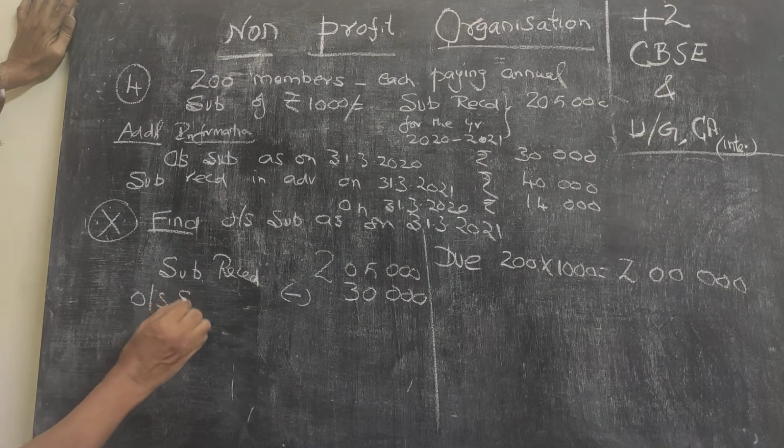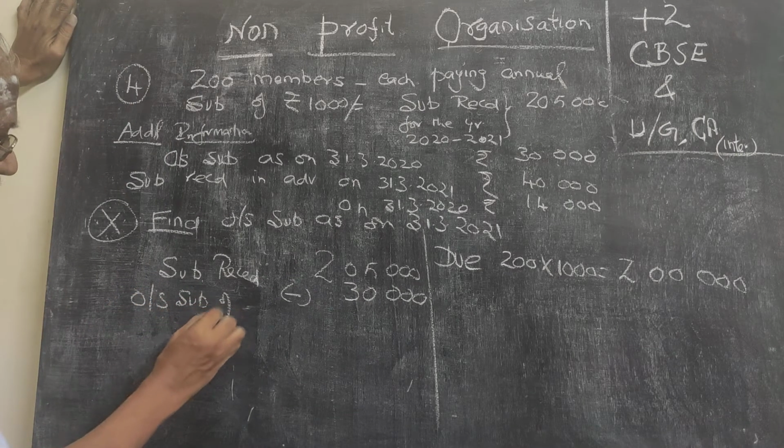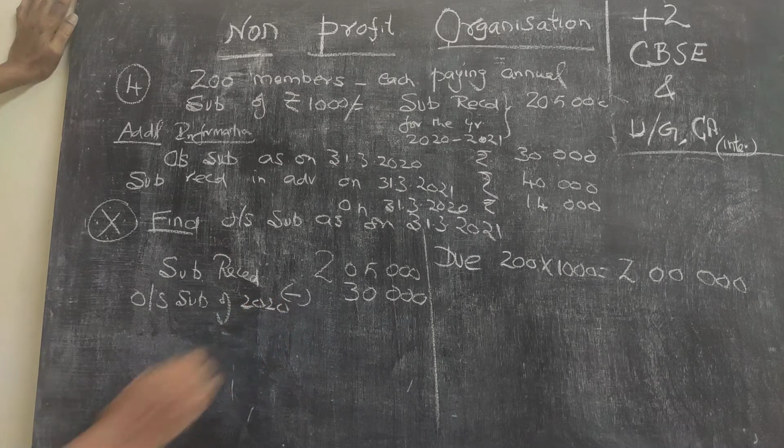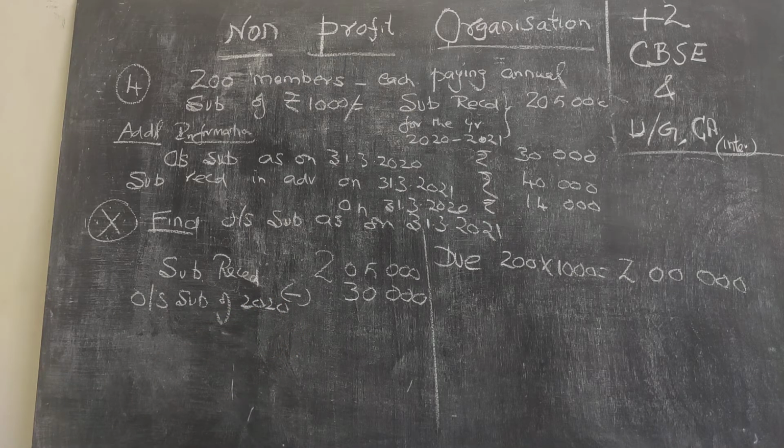So 2,05,000 is the total amount received, and 30,000 is the outstanding subscription as on 31st March 2020. Therefore, we come to the conclusion that this 30,000 is included in 2,05,000, which is not for this year. Therefore, I remove it. I reduce that.